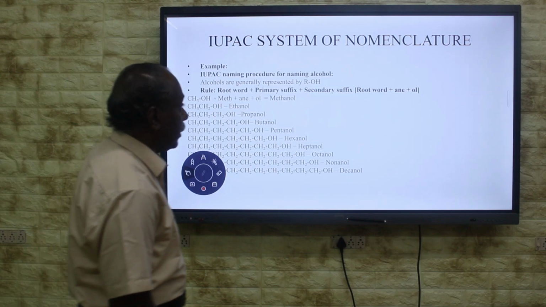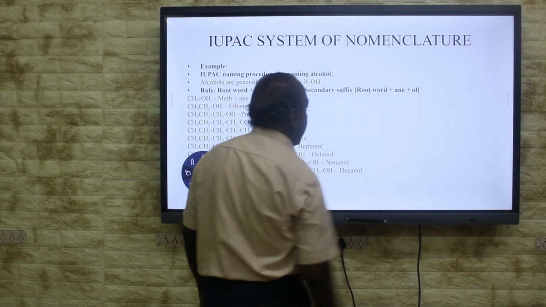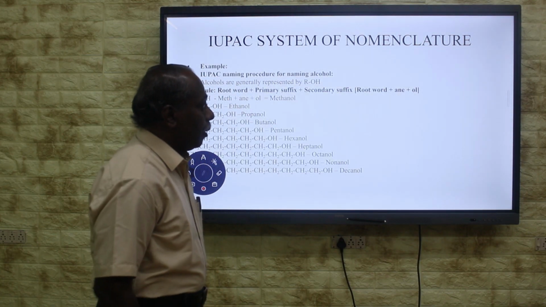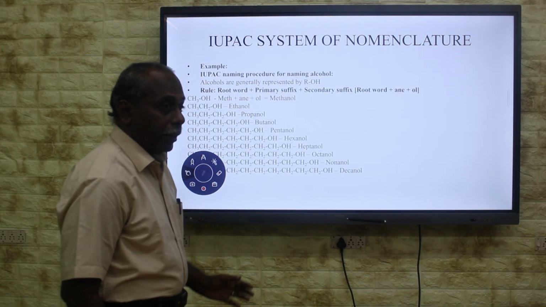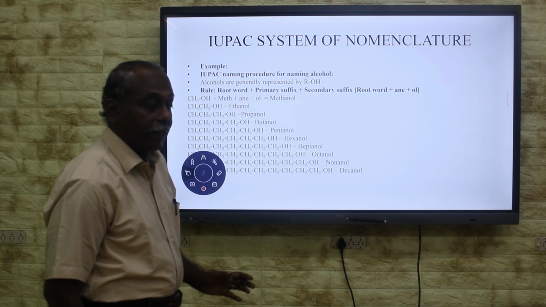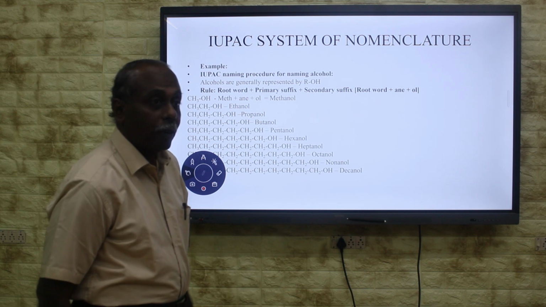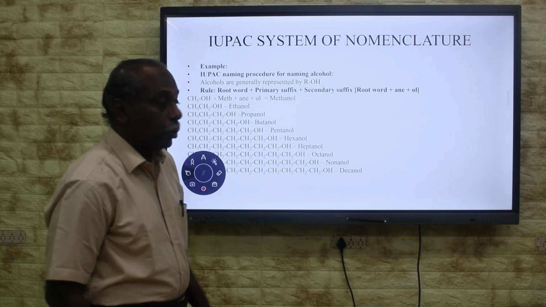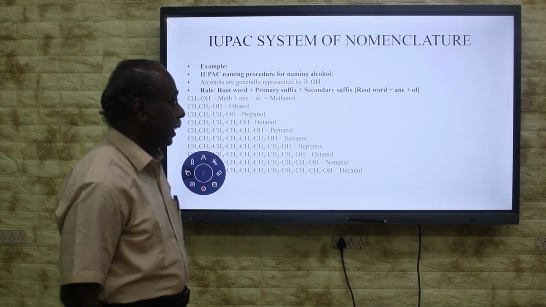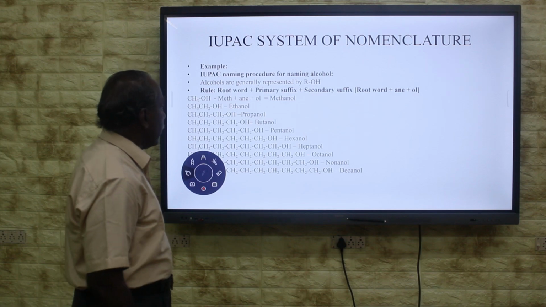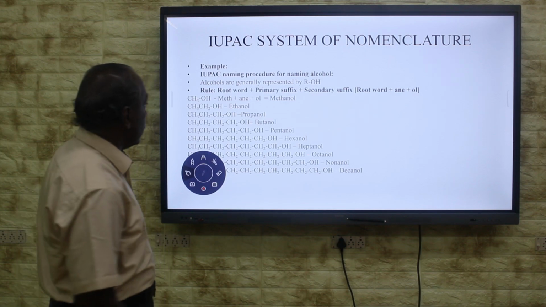When you combine ANE and OL, the ANE ending has a vowel and the secondary suffix also starts with a vowel. When you combine these two, one vowel, the E, is removed. Let us enter into an example.